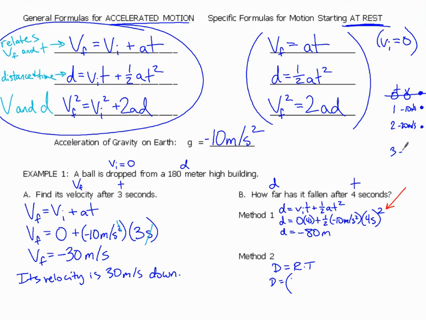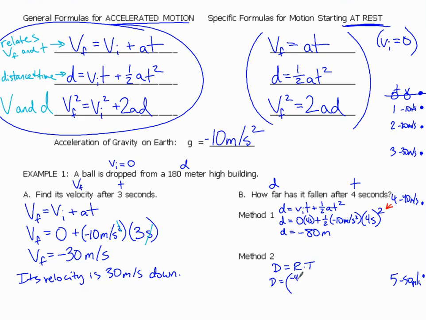Time of 3 seconds, negative 30 meters per second, here's the ball. Time of 4 seconds, negative 40 meters per second, and the ball is down here. And so on. Maybe our 5 is here. So you see that close, getting farther, getting farther, getting farther, and getting farther. So after 4 seconds, it is negative 40 meters per second.